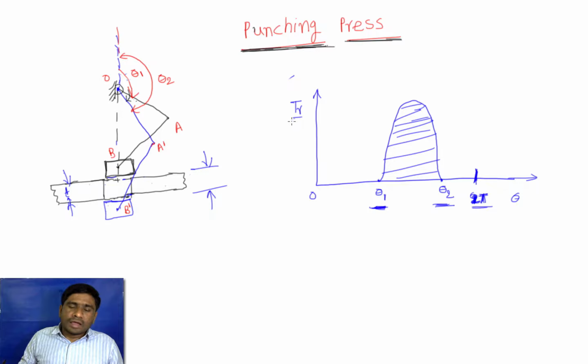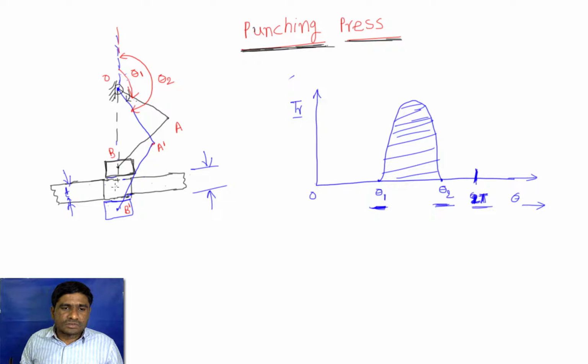If I draw a diagram between TR and theta, that is the crank rotation, there is no resisting torque when the crank is rotating from 0 to theta 1, because the punch is moving freely without any resistance. When the crankshaft reaches angle theta 1, the punch is touching the plate and is trying to punch or pierce it.